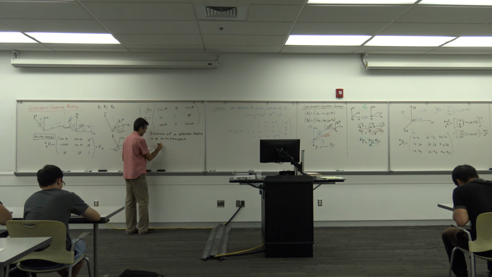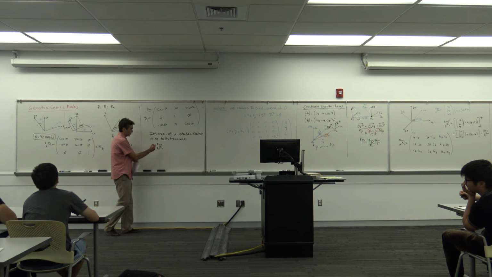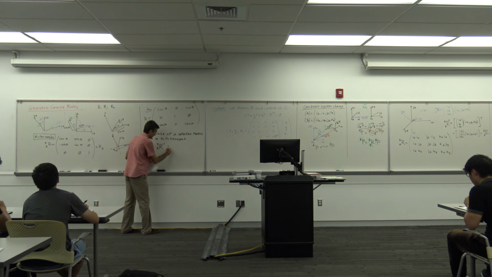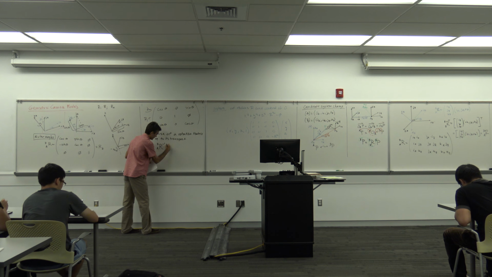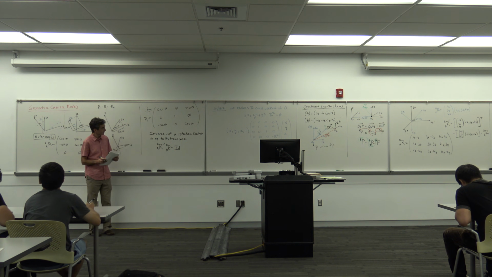So let's see, if I rotate from A to B, and now I do the inverse of this, that should be equal to the identity matrix, same as no rotation whatsoever.